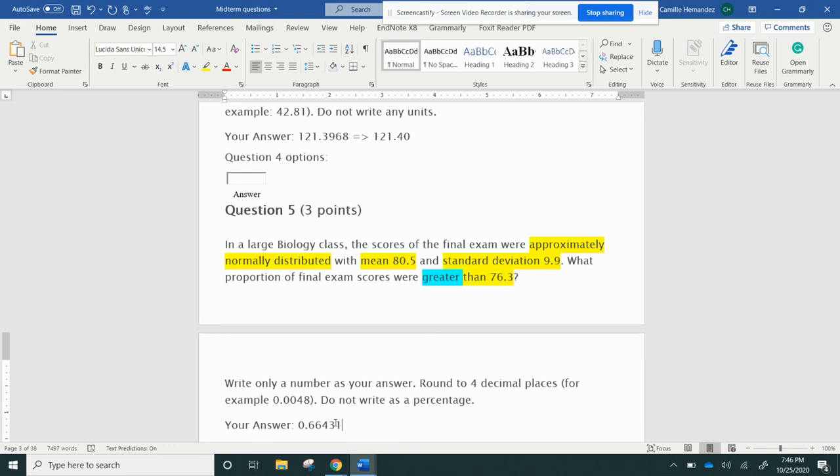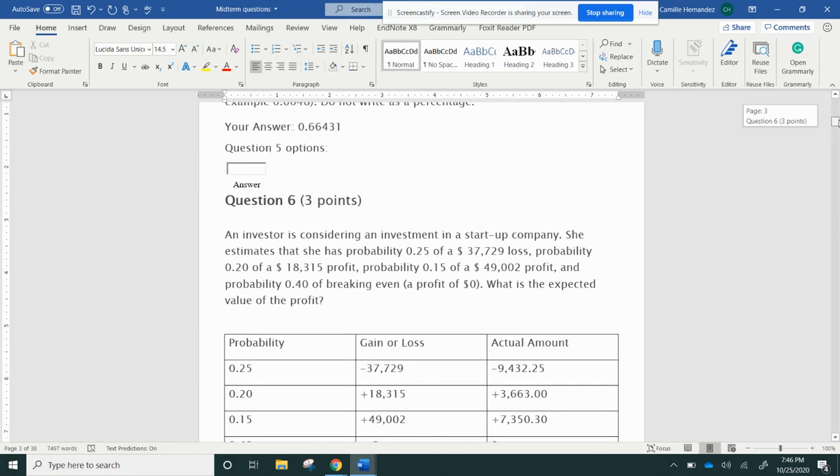So that means 66% of the class had a score greater than 76.3, which makes sense because my mean is pretty high. All right, so that was the normal distribution questions for the final exam for just the regular without changing the standard deviation.